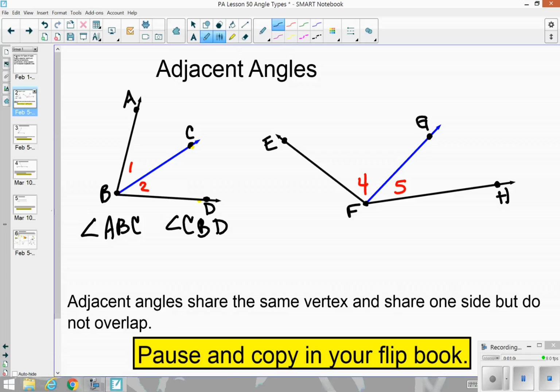And it's important to know that the way we label our angles, when we're talking about corresponding angles, is that the angle letters are in the same place for each type of angle.